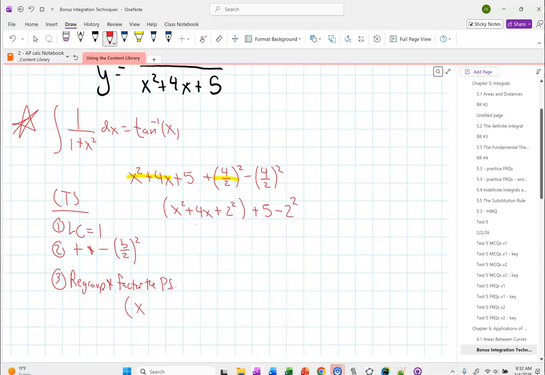And the perfect square factor is always going to be, the factoring is always going to look like x plus b over 2 quantity squared. I guess it could be minus, depending if it's a subtraction problem. Is that okay? Yes.